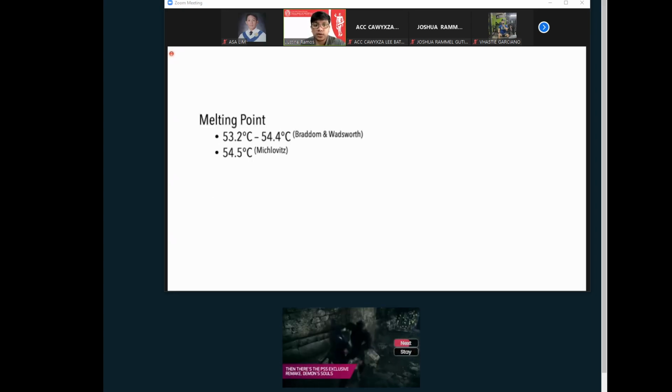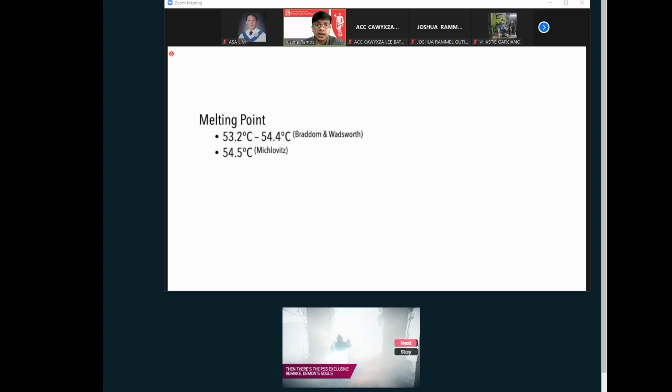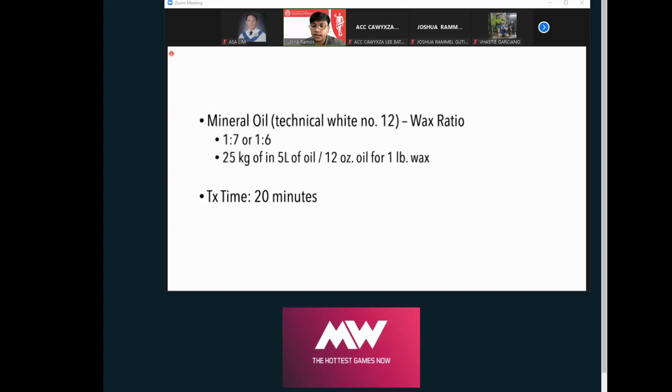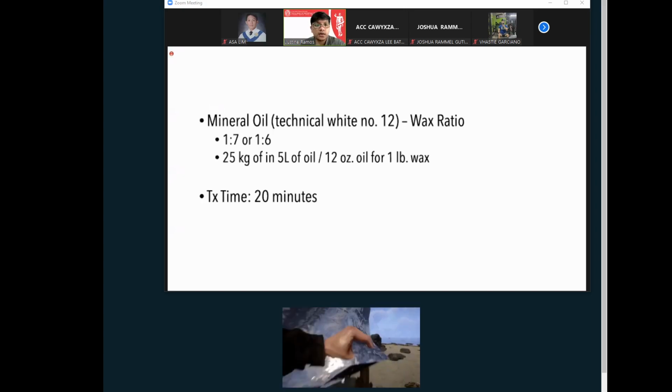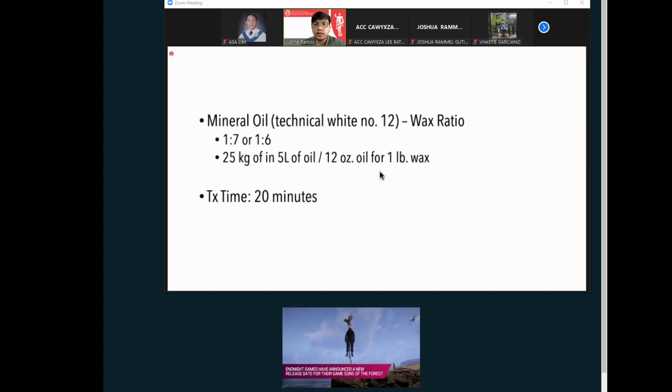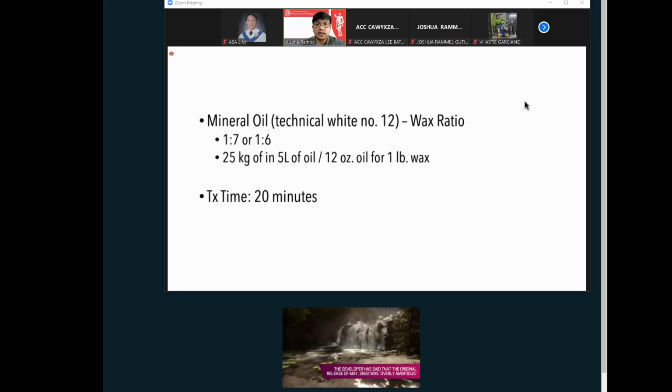Siyempre, tutunawin mo muna yan, kaya kailangan mo na mas mataas na temperature. 54.5 according to Miklovitz. So the ratio, again, it's either 1:7 or 1:6. Using a mineral oil, technical white number 12. Yan yung exact na mineral oil na ginagamit natin sa clinic.